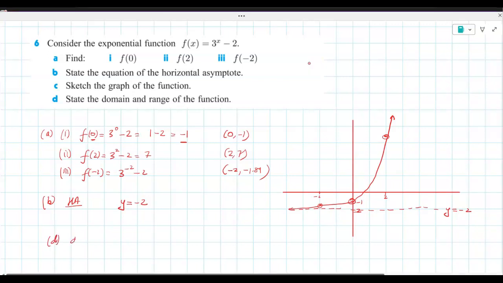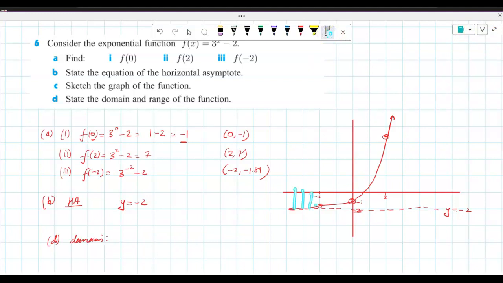So D, what's the domain of the function? Domain is all the x values. Minimum x value? You think like this: x values means from the graph you look at the x values. Is there a value lower than -1? This is -2, this is -3, this is -4.